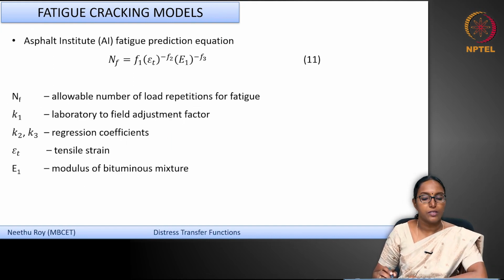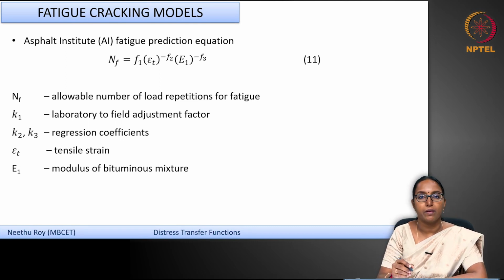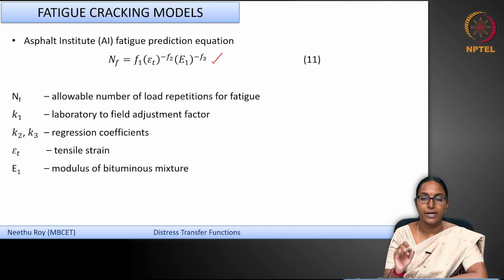Now, the Asphalt Institute again considers the general equation itself as the fatigue prediction equation, where NF is equal to F1 epsilon T raised to minus F2 into E1 raised to minus F3, which we have already discussed, where NF is the allowable number of load repetitions for fatigue in the pavement structure, and epsilon T is the tensile strain.